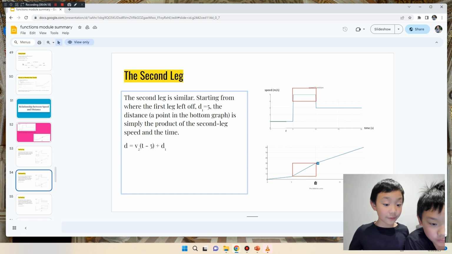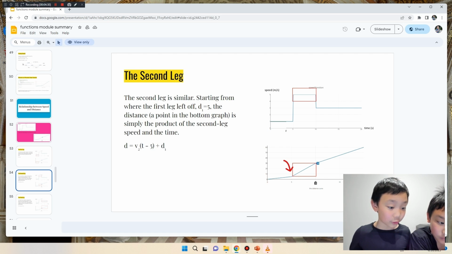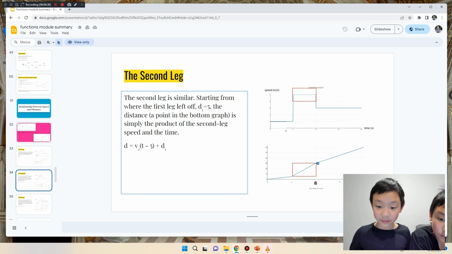T minus 5 is basically the time from here to there. And plus distance 1, because distance 1 is where leg 1 left off. Distance 1 is from 0 to 5. So that is how you get the second leg.